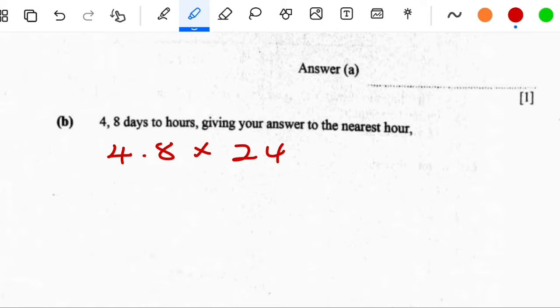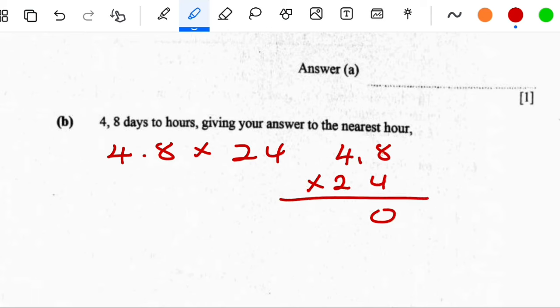Okay, so let us do that. We've got 4.8 and 24 multiplying there. We've got 0, then 16, 8 plus a 1, which is a 9, then 4 times 8 is what? 32. 4 times 4 is 16 plus 3 is 19.